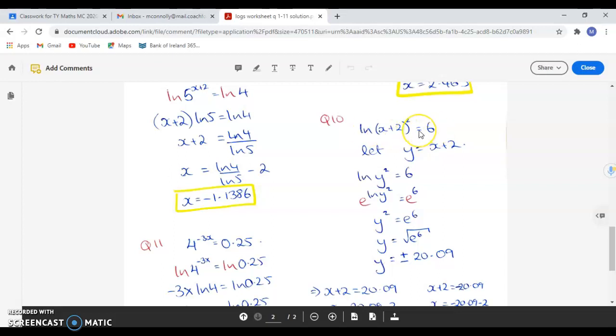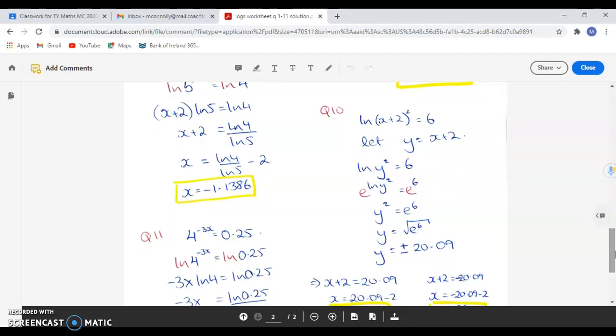Okay, so use substitution. Let y equal x plus 2. So you're getting the ln of y squared is equal to 6. Introduce an e on both sides, and raise them up to be powers. You get y is equal to the square root of e to the 6.